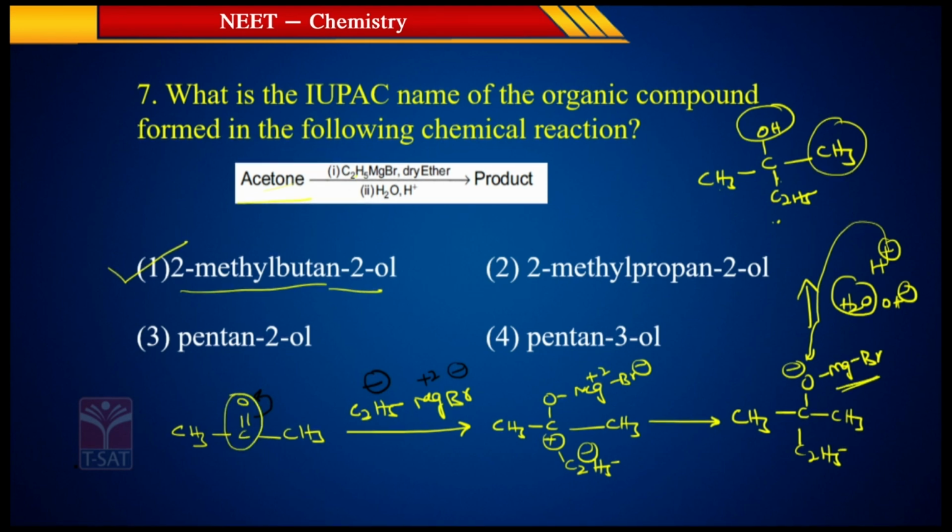A ketone, when it reacts with a Grignard reagent followed by water, will give a tertiary alcohol. An aldehyde with a Grignard reagent and water will give a primary alcohol. Sorry, not primary, secondary alcohol. Aldehyde with a Grignard reagent followed by hydrolysis gives a secondary alcohol. Ketone with a Grignard reagent followed by hydrolysis gives a tertiary alcohol.